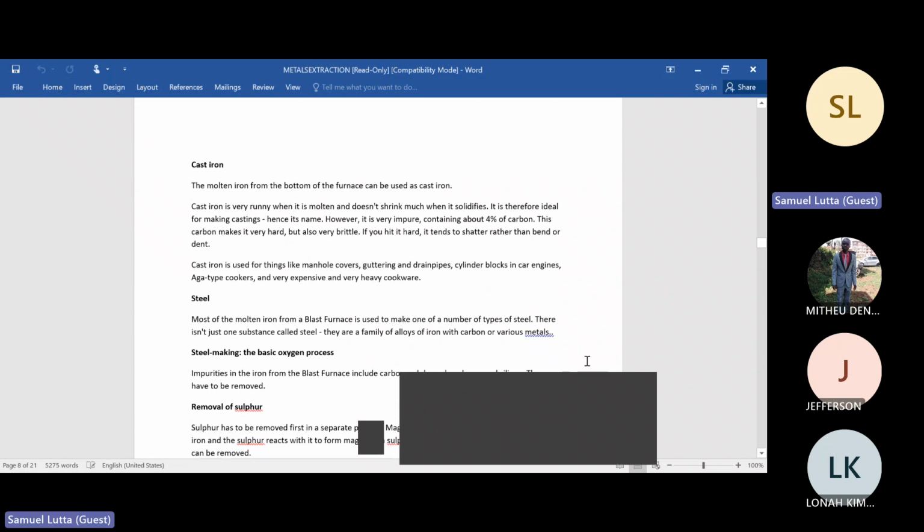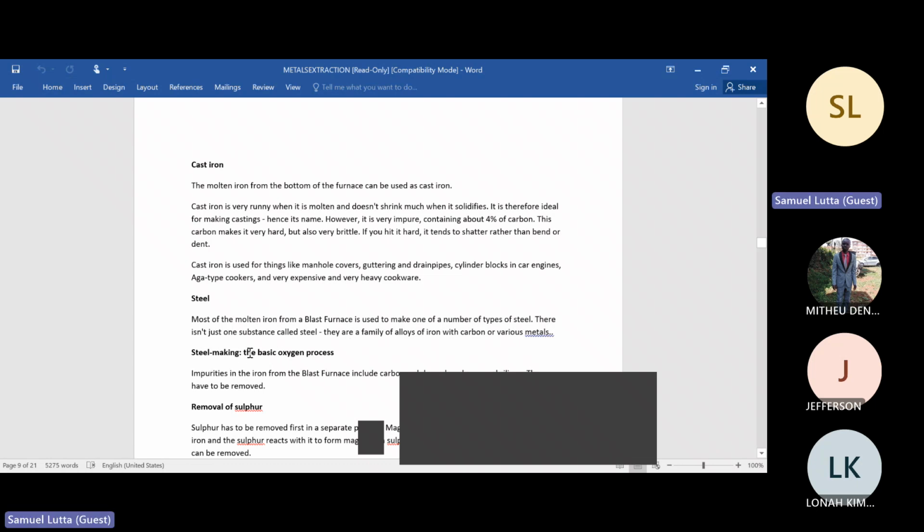And then we have the steel iron. Most of the iron is used to make a number of types of steels. These are called steel because they are a family of alloys made by mixing iron and carbon. When you increase the carbon percentage in the iron, you make it a bit shiny and even strong.